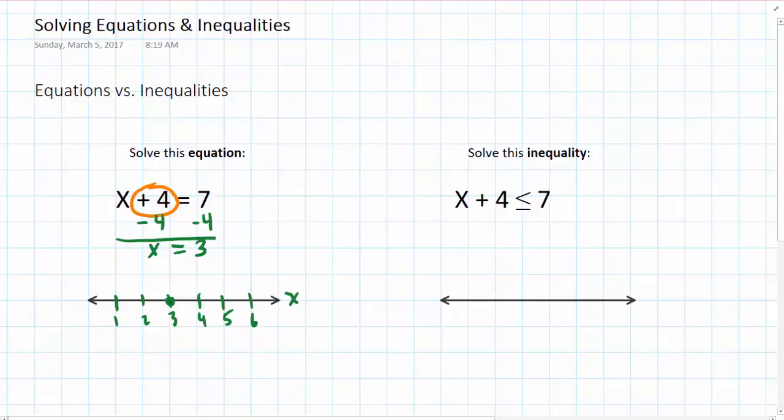This is the only possible answer that makes it true. If it's 4, well, 4 plus 4 is 8, which is not equal to 7. It can't be 3.5. It can't be 3.1. 3.1 plus 4 is 7.1, which is not 7. So an equation only has one solution.